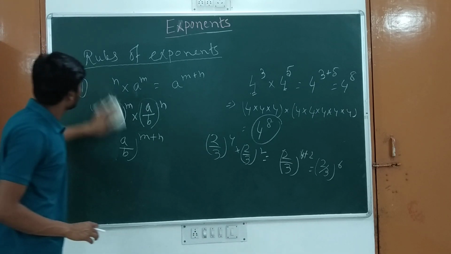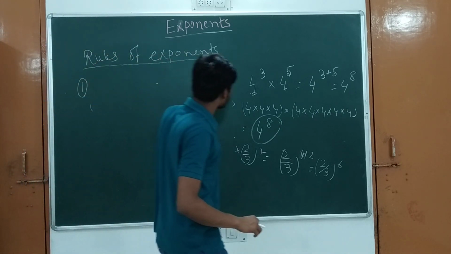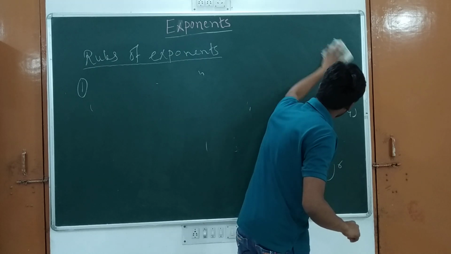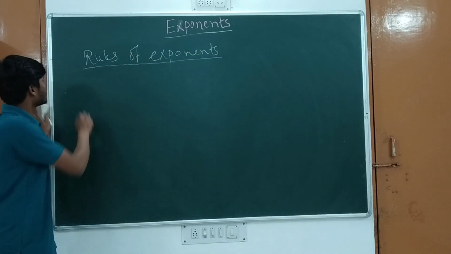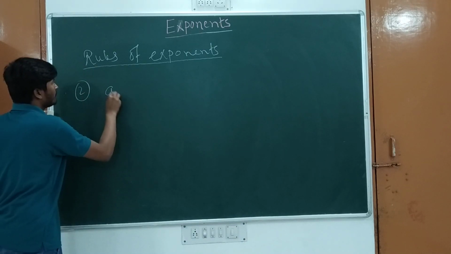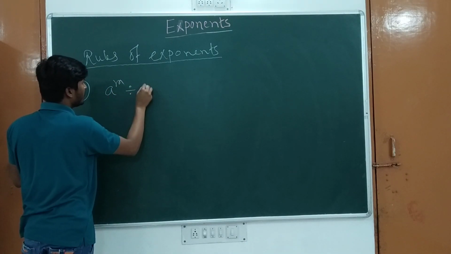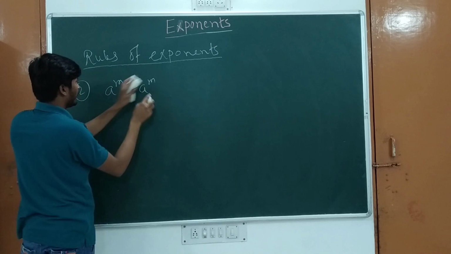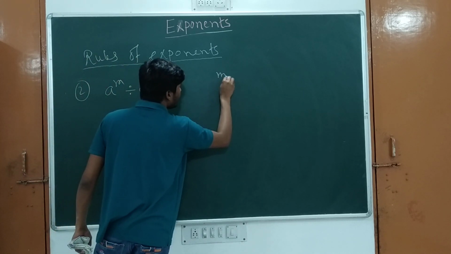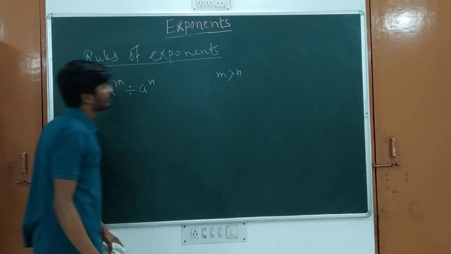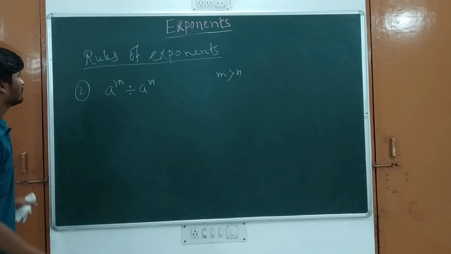Now we come to division. Second is division: a to the power m divided by a to the power n, where m is greater than n. Now how will this work?